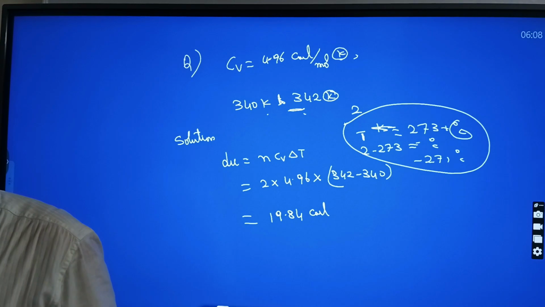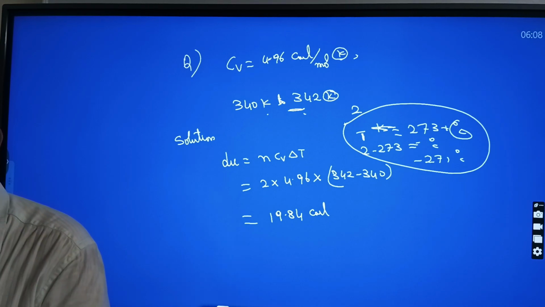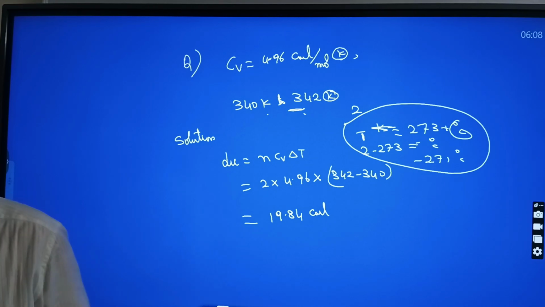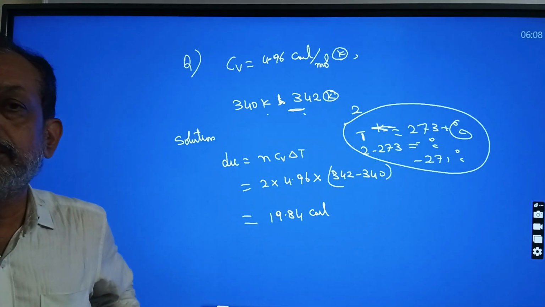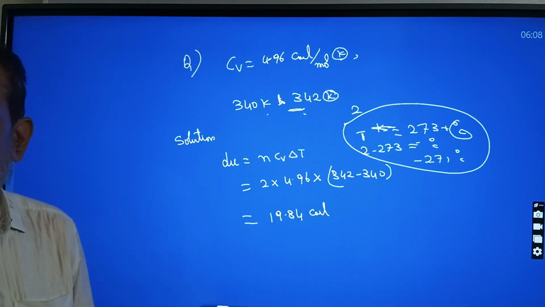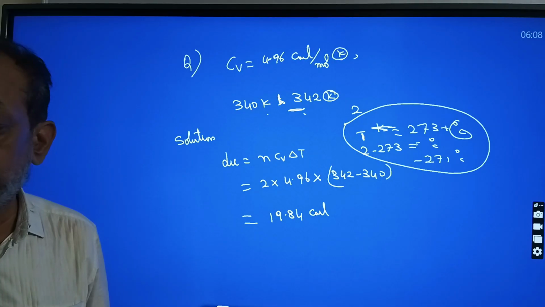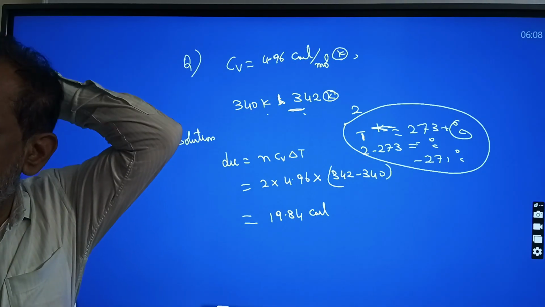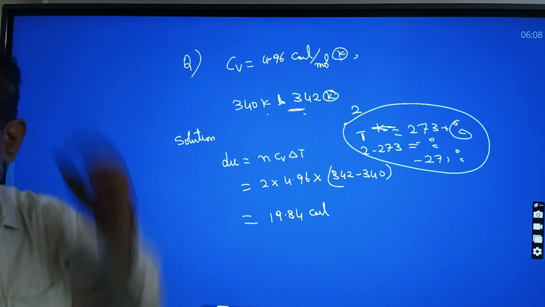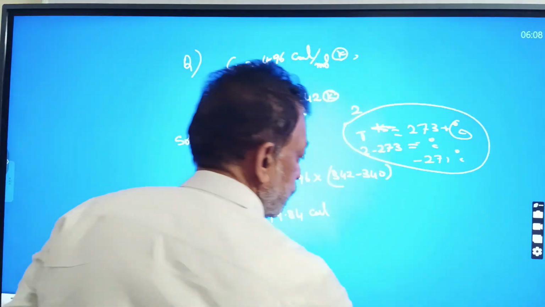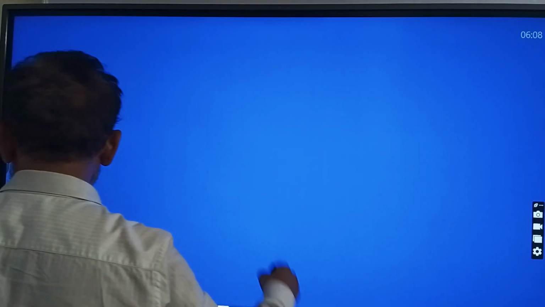Next one. The relation between internal energy U and the adiabatic constant gamma.